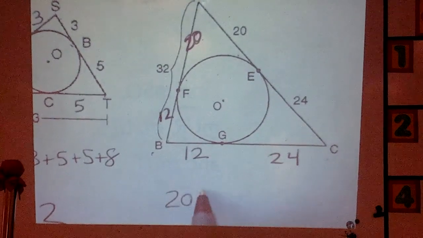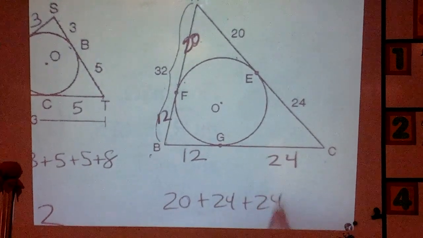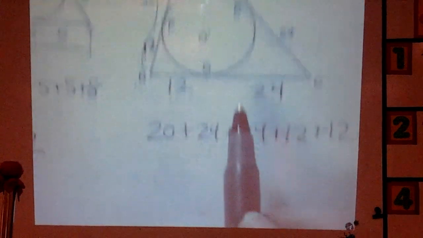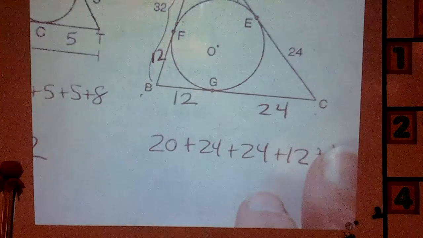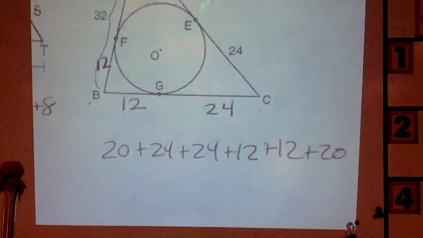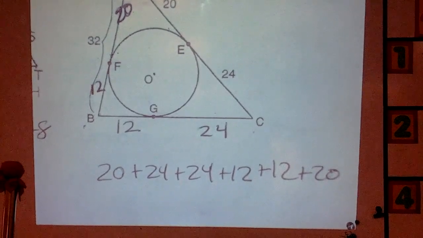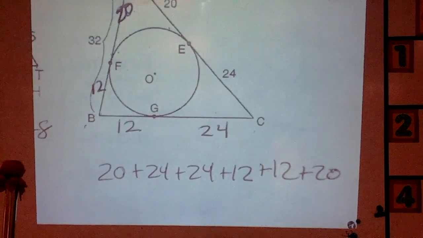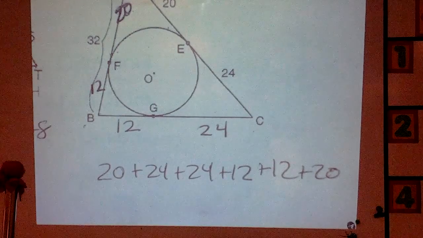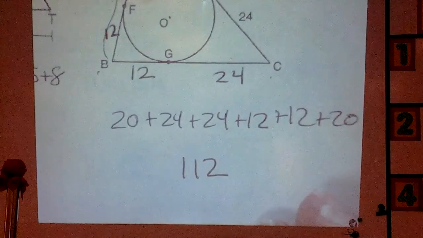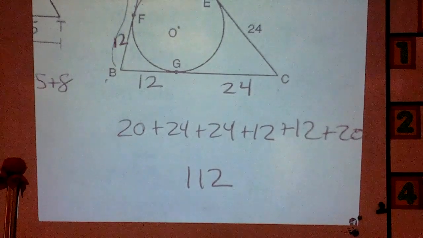And so I get 20 plus 24 plus 24 plus 12 plus 12 plus 20, which gives me 112. So that is it for 7.1 tangent segments.